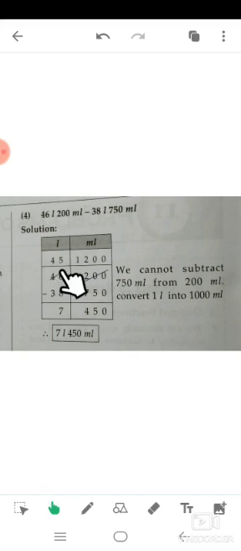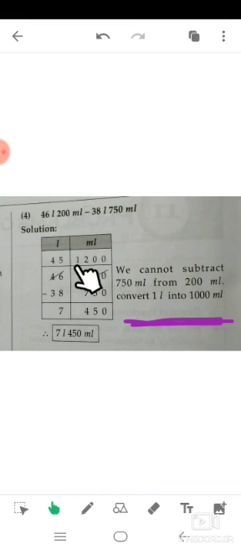So what happens? 1 liter is equal to 1000 ml. So 1 liter is given from this one, and here 45 liters remain. 1000 ml plus 200 is 1200 ml.